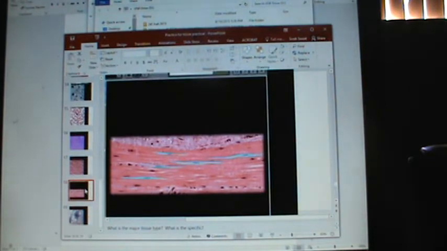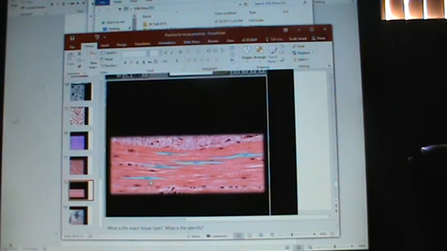What could that be? Major tissue type? This would be muscle. Specific type? Smooth. Look at the shape of the cells. They're very distinctive. It's nothing like the cells that we saw in skeletal or cardiac. It's got these strange little shapes.